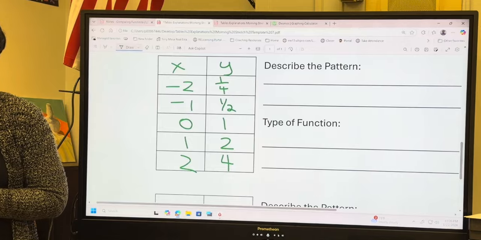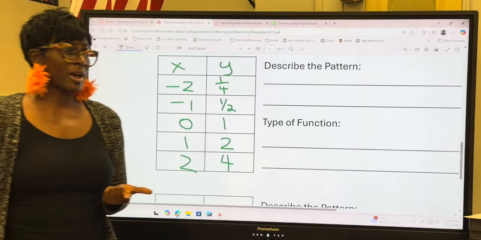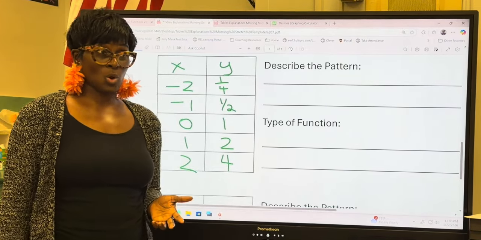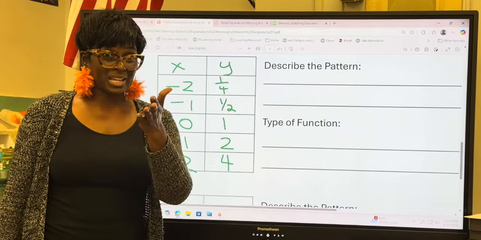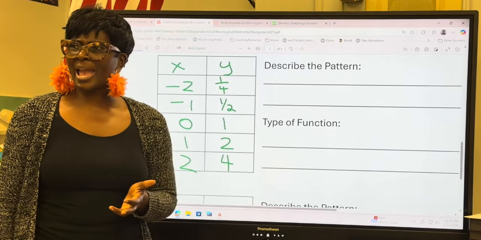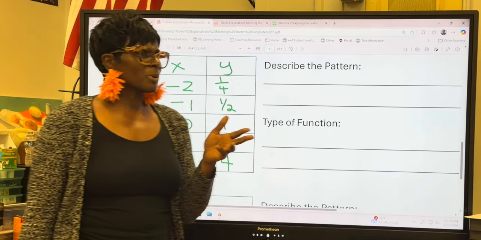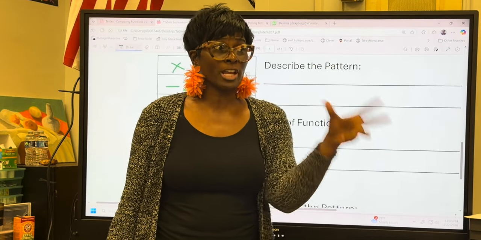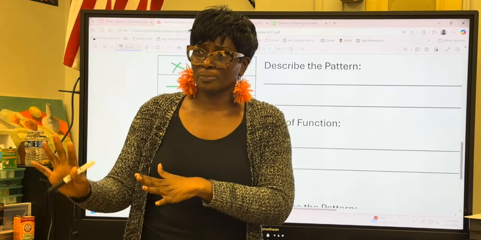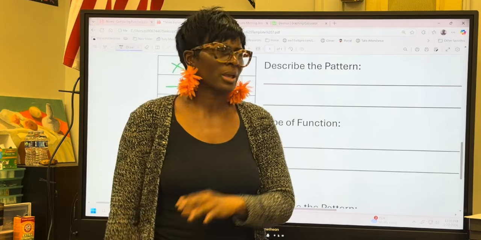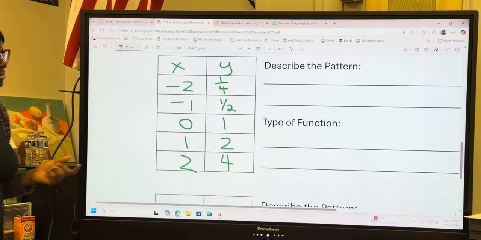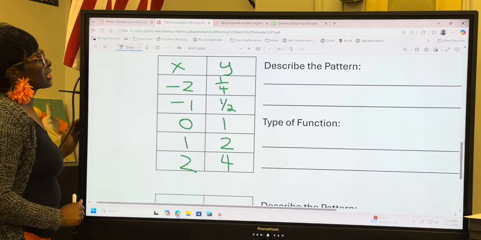That's not linear, not a constant first difference, and it's not absolute value. So that leaves me with what? Second difference. Second difference, which would be quadratic and an exponential, right? Which is a common ratio, which means I'm multiplying or dividing for something, I'm looking for something constant that way. So let's go through the motions. Let's see what we got. Pull out your calculator because I know y'all struggling.